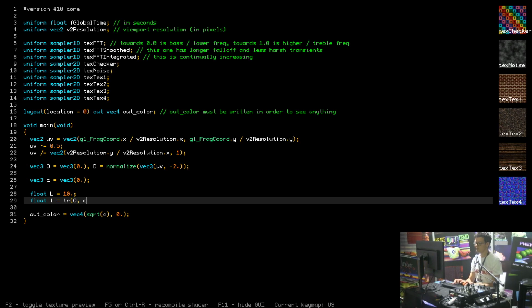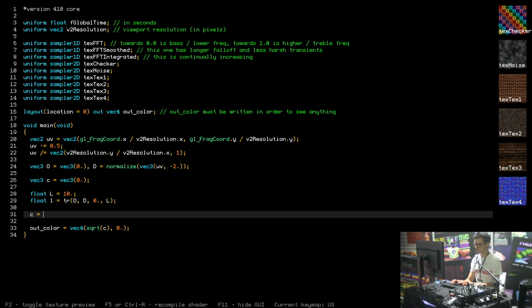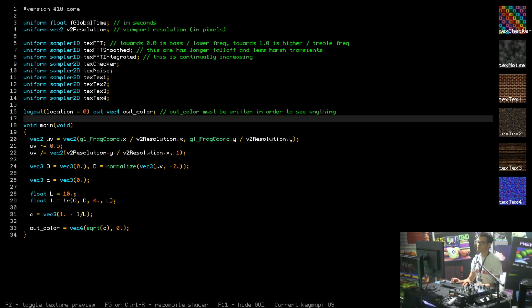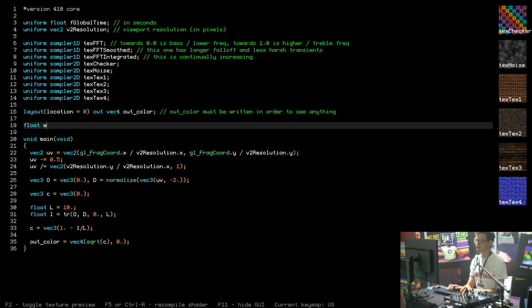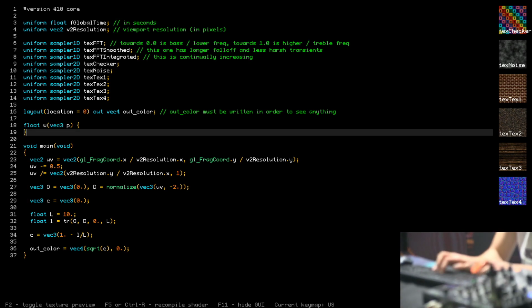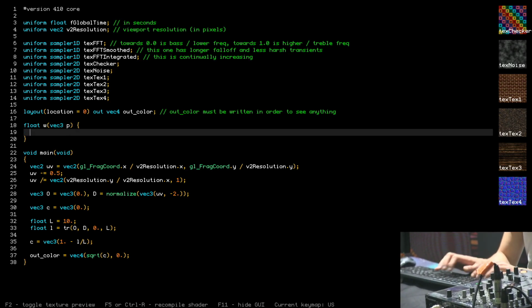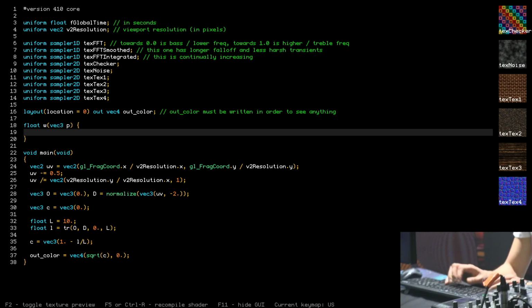So far we're setting up a bunch of values. I'm just writing down the basic ray marching boilerplate.